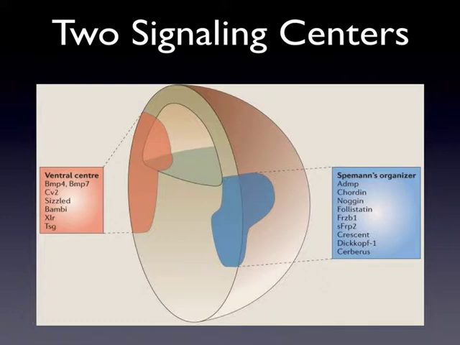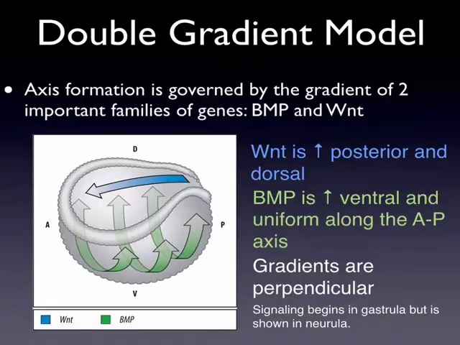The reason I'm not going to make a big deal about it is because there is a more important idea called the double signaling gradient model, or the double gradient model, which is too easily confused with this. So be familiar with this. For those of you that are interested in this kind of stuff and may go forward in development, be aware of this term. But what I really want to focus on is the idea of the double gradient model, and they're not to be confused. All right.